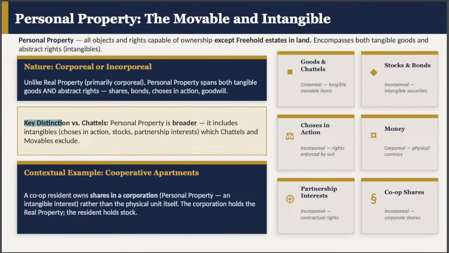Here's a key distinction versus chattels. Personal property is broader. It includes intangibles. Okay. Choses in action, stocks, partnership interests, which chattels and movables exclude. So the movable properties exclude these intangibles. And that's the distinction between personal property, which is broader, and chattel would be a subset of that.